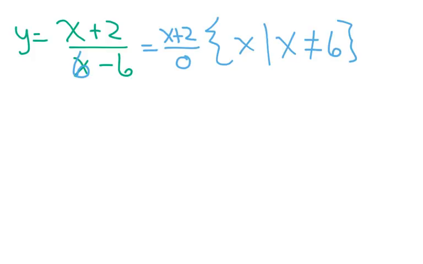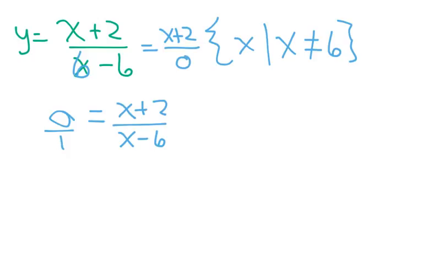Okay, and list the x-intercepts. The way we're going to do that is we're going to let y be 0. So we're going to set 0 equals x squared plus 2 over x minus 6, and we're going to cross multiply.